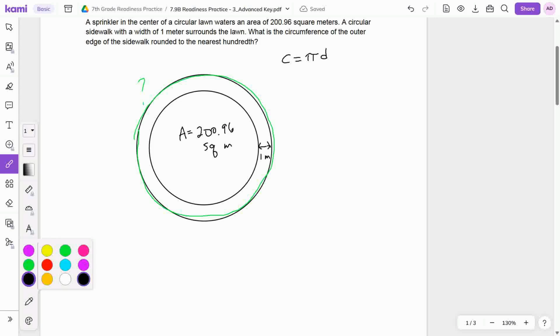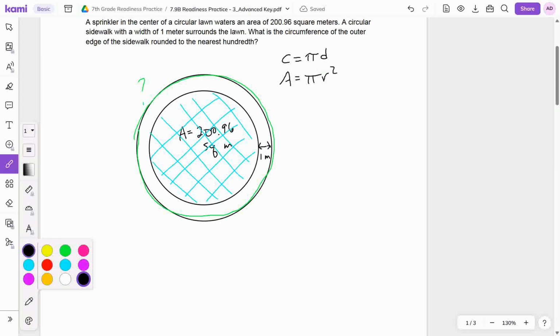So let's look at our inner circle. Okay, so our inner circle right here. Just going to shade that for us real quick with this blue. So let's figure out what that is, because if I know what the area is, so area equals pi r squared. And then I can substitute in, since we're rounding to the nearest hundredth, I don't need all of it.